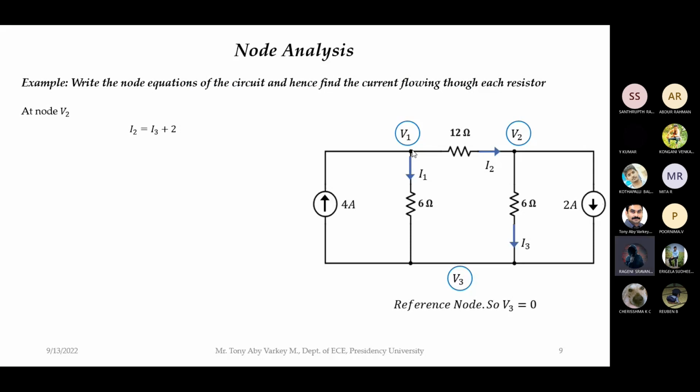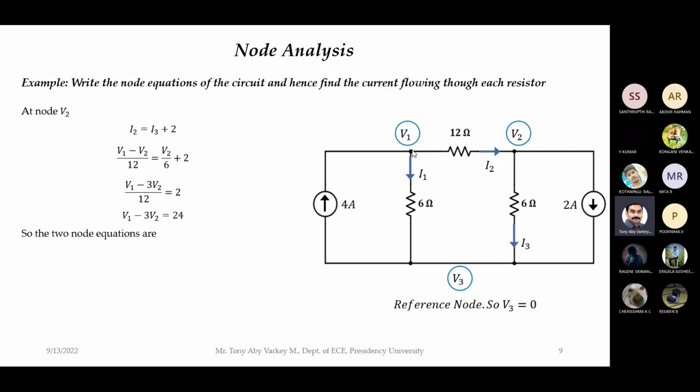V1 minus V2 by 12. Correct. What is I3? V2 by 6. Correct. So V1 minus V2 by 12 equal to V2 by 6 plus 2. I will take the LCM and I'll get the equation like this.